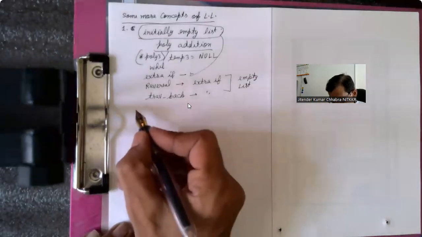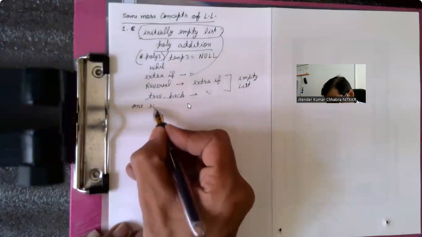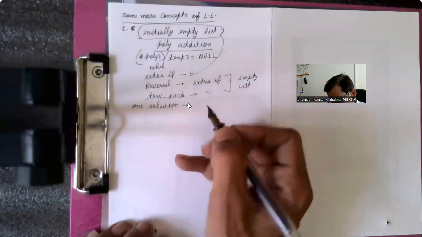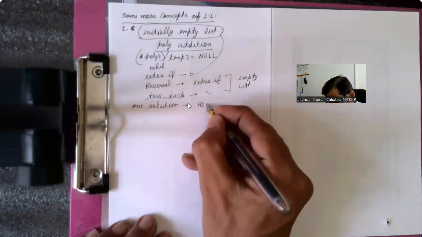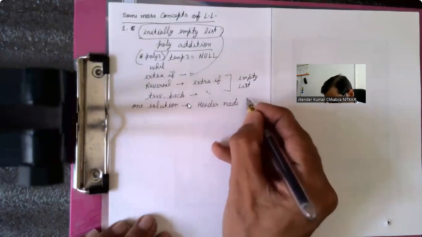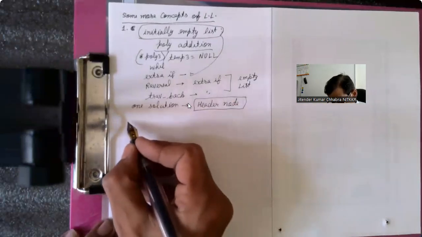So one solution to this has been designed. Of course, that solution doesn't come without cost. So one solution to this has been designed in the linked list concept, which is called the header node concept. So what it says is now we will have an extra node at the start of the list.